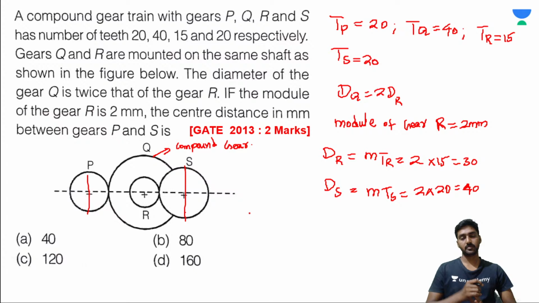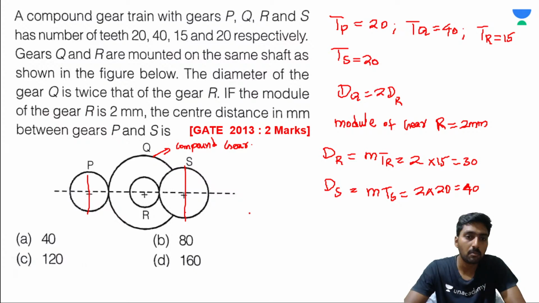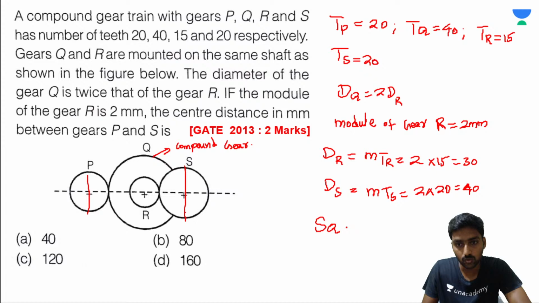Next we need to identify the module of PRQ. The diameters we have identified already. The speed of Q as well as the speed of R are equal.